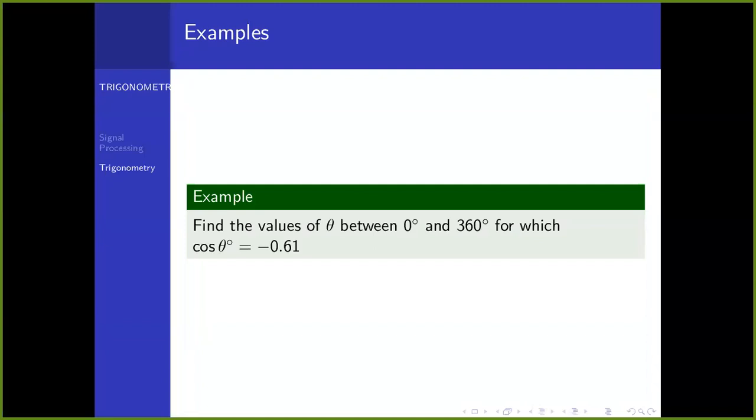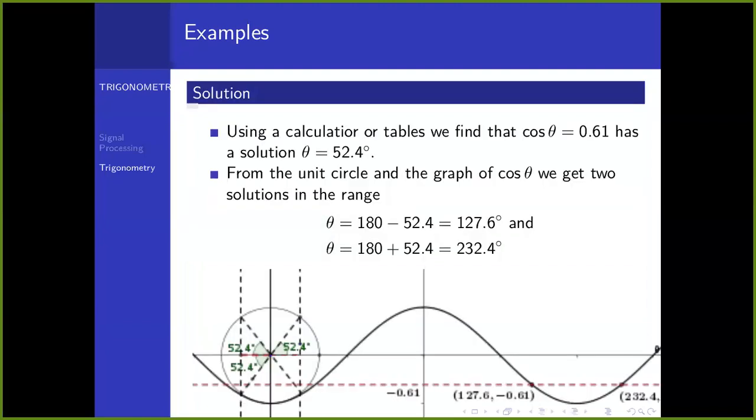So we find the values of theta between 0 and 360 for which the cosine is negative 0.61. Here we use a trick again.